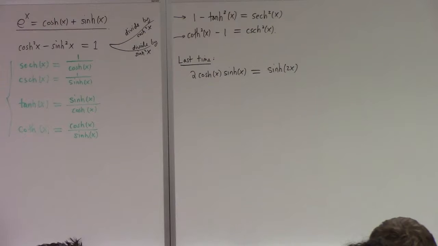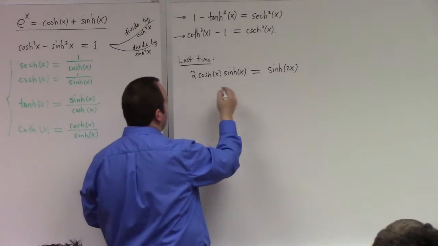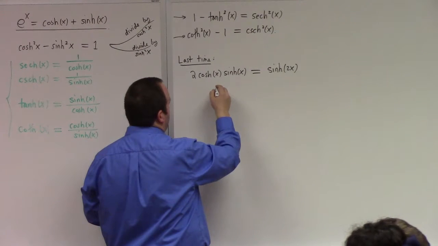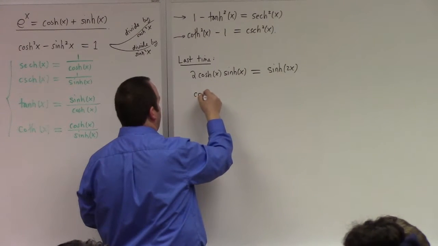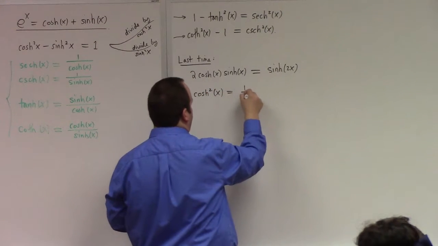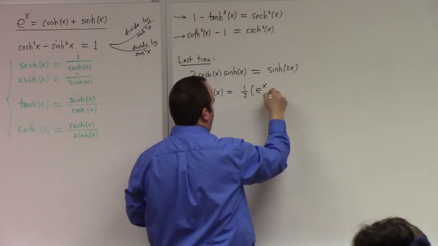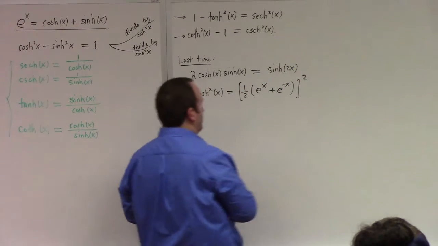Of course, there are more identities which are known. So let's see here. If I look at, for example, cosh squared of x, what would that be? We square that, right?